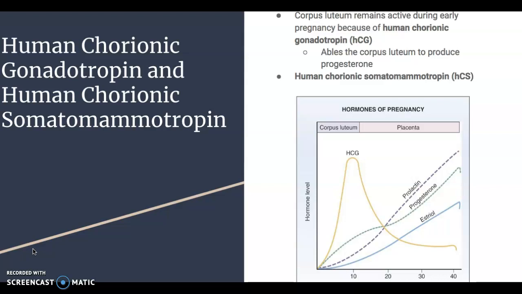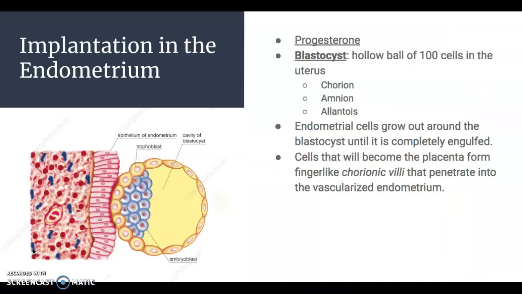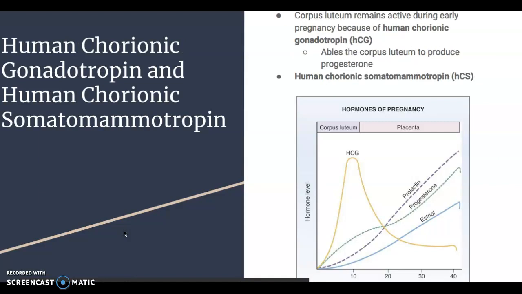HCG is a peptide hormone that's secreted by the villi and developing placenta. If we remember back to the picture of the blastocyst, we see some of those villi here. HCG is secreted by those villi.